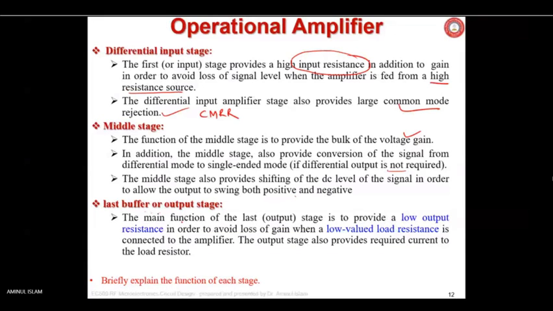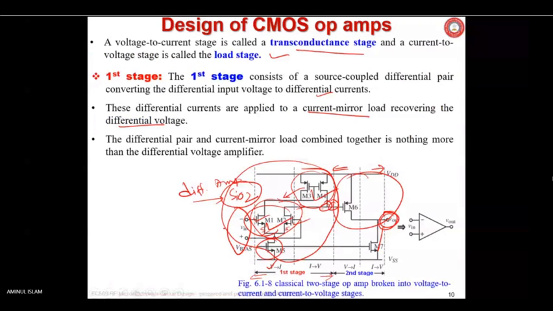Last or buffer output stage. The main function of the last output stage is to provide a low output resistance in order to avoid loss of gain when a low valued resistance is connected to the amplifier. Suppose you are going to drive a speaker. So possibly you have another stage.